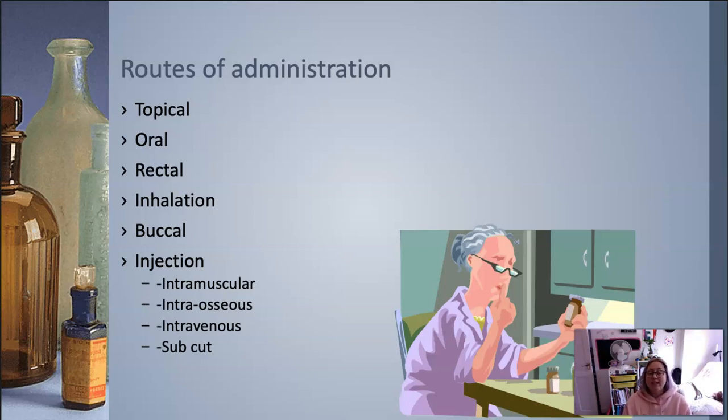It might be an orally taken medication. This is the most traditional method of administration of medications. It tends to be the most convenient. Tablets are nice and easy for most people to take. It's non-conspicuous, you can take them anywhere. It's not something that has to be done in the privacy of your own area, as a topical administration or a rectal administration might be.